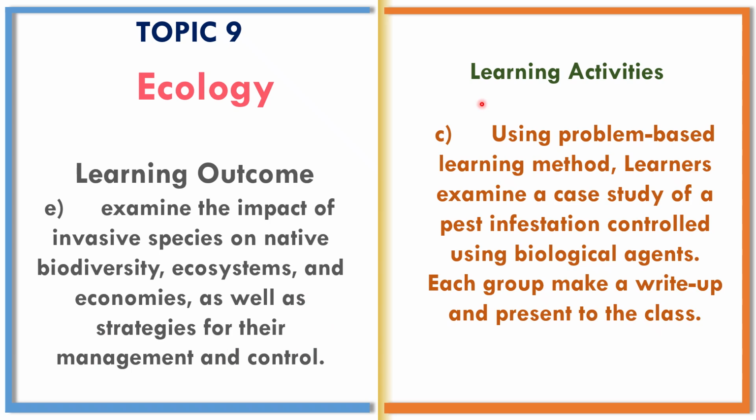We have been looking at learning activity C using problem-based learning method. Learners examine a case study of a pest infestation controlled using biological agents. Each group make a write-up and present to the class.